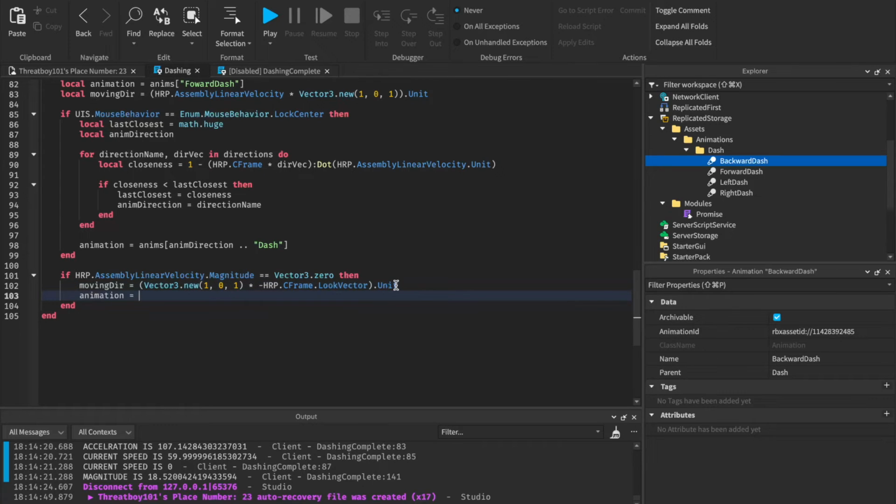I'm going to set the animation to be backward dash. We're just going to play the animation.